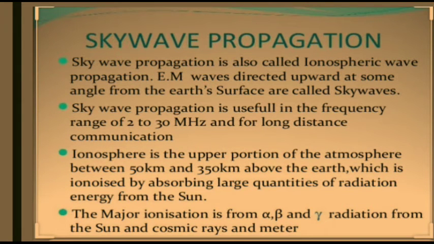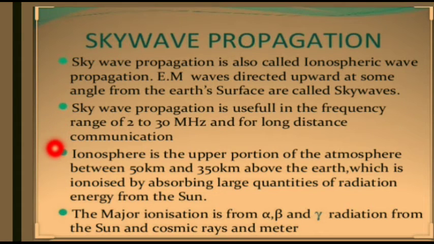The last information for skywave propagation: first, skywave propagation is also called ionospheric wave propagation. The electromagnetic waves directed upwards at an angle from the earth's surface are called sky waves. Skywave propagation is useful in the frequency range of 2 to 30 megahertz and for long distance communication.